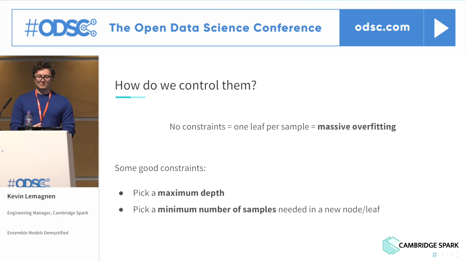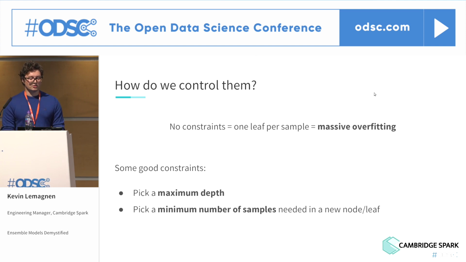There are different ways to do it, different constraints that you can add on your algorithm. We'll see mostly two main constraints here. The first one is picking a maximum depth. So you're saying that after a certain depth, you stop building binary rules in your trees.